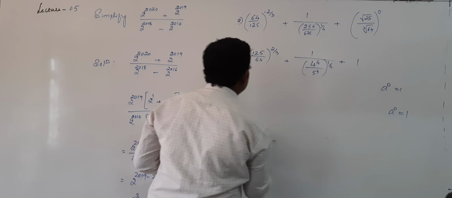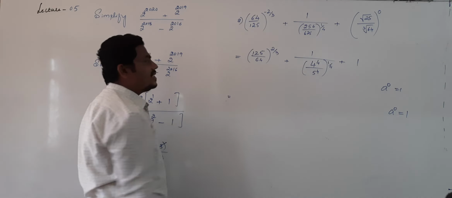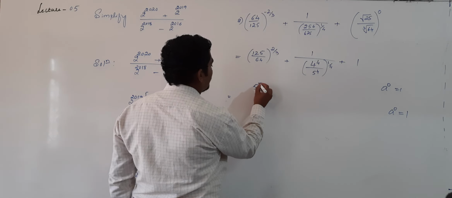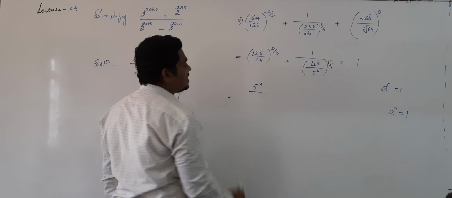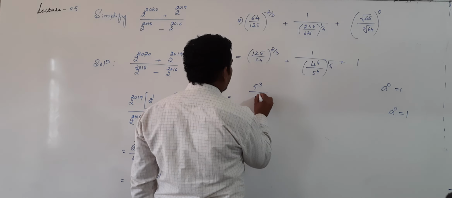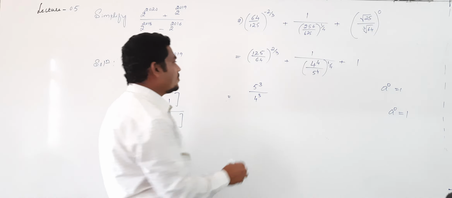Now I will write 125 as 5 cube divided by 64, and 64 means 4 cube: 4 into 4 is 16, 16 into 4 is 64.